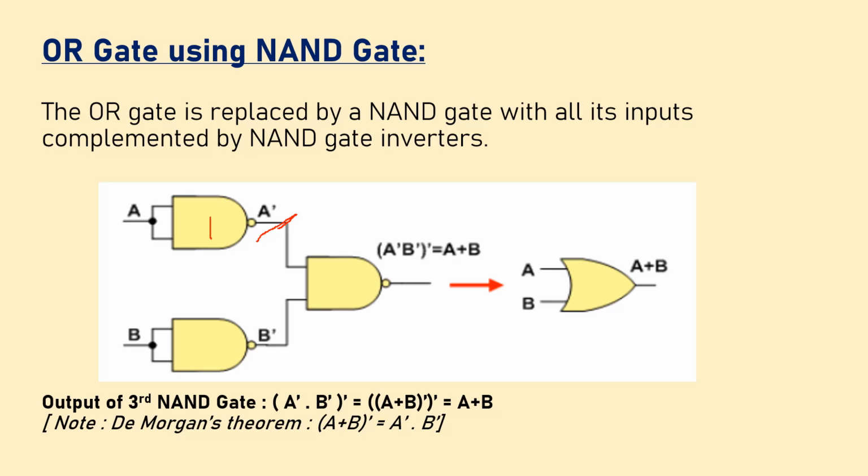So far we have already proved that we can construct a NOT gate using the NAND gate. So A, which is given as an input, becomes A complement here. Similarly, B is given as an input, and we get B complement from the output of the NAND gate.